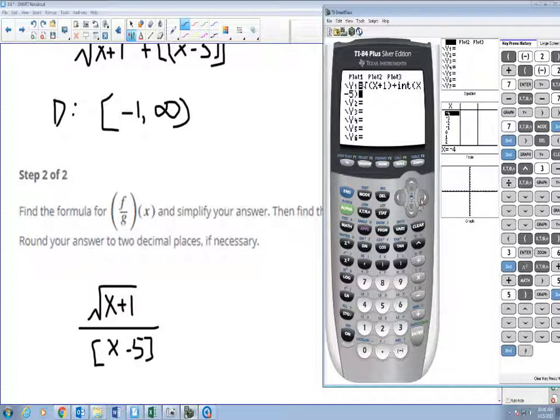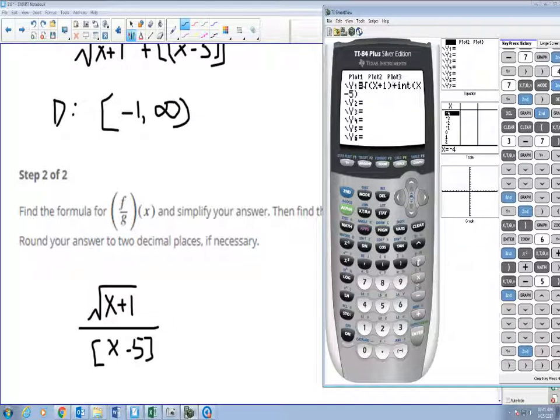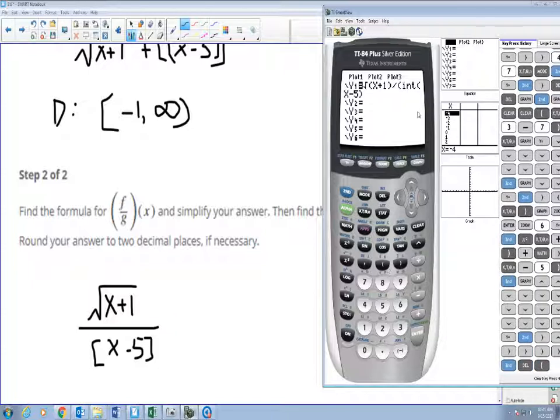I'm going to put this as a division, and just to be on the safe side, I'm going to throw some parentheses around the denominator, outside the integer function, so the calculator can see this as one term. Right now the calculator sees the numerator as one term already, because there's nothing outside the square root.